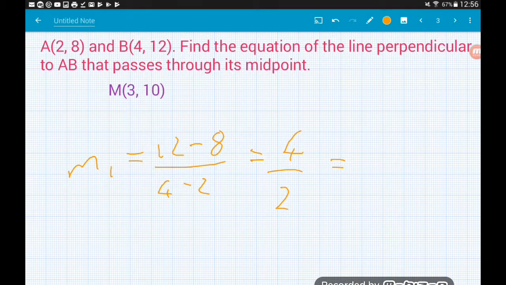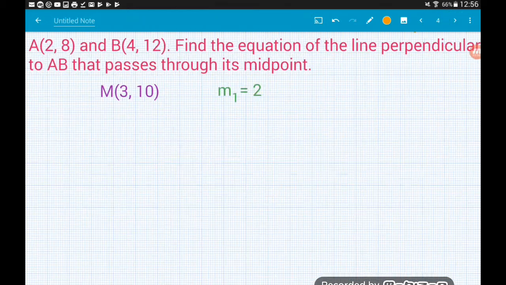So then finally we get our gradient of AB: 4 divided by 2 is 2. Okay, so now we know the two things that we need to know about the line segment. The midpoint has coordinates 3, 10, and the gradient is 2.